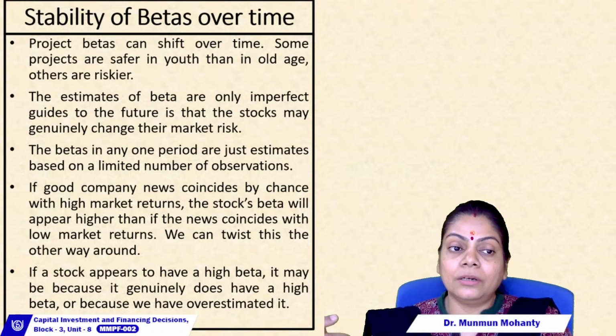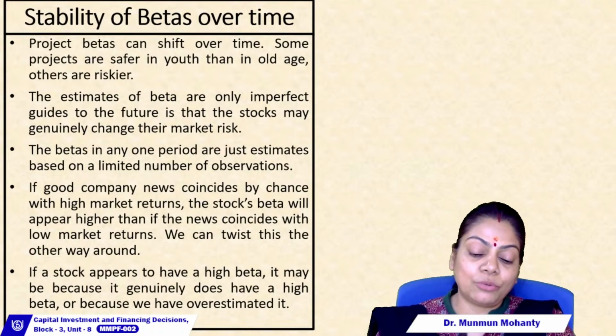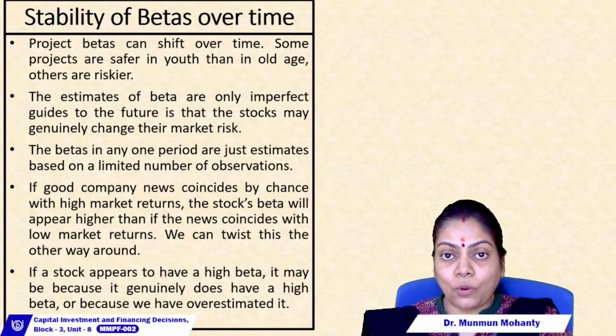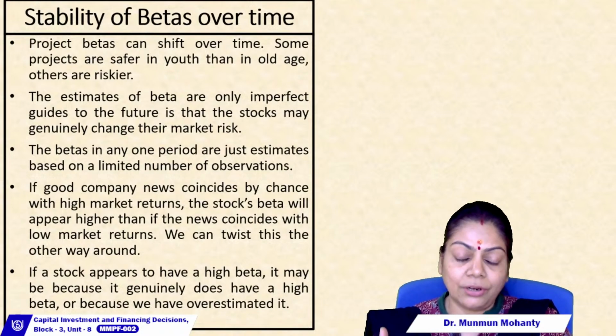Now, the estimates of betas are only imperfect guides to the future, in that the stock may genuinely change its market risk. The beta in any one period is just an estimate based on a limited number of observations. So, when I am calculating beta as of today, I am basing my observation on today's market return and today's stock return.